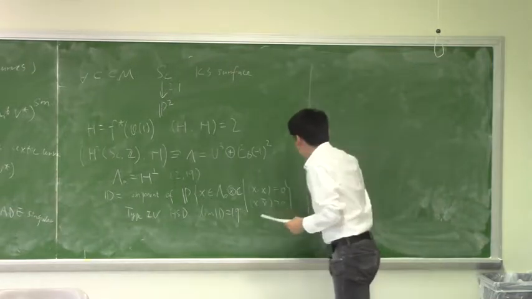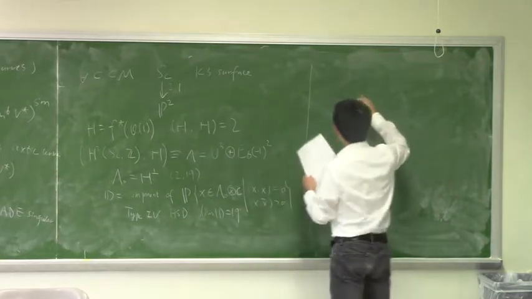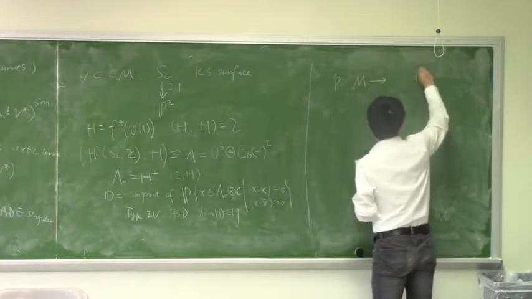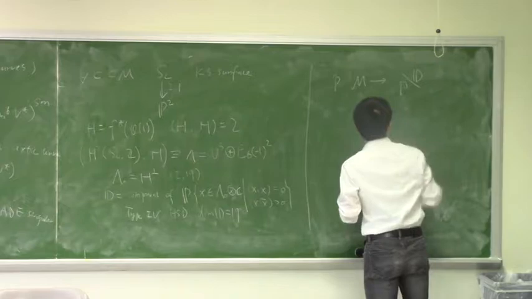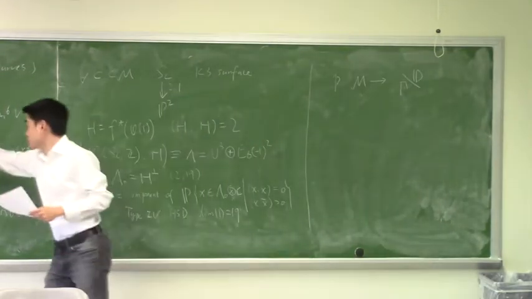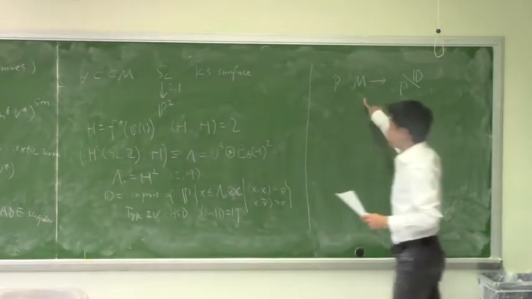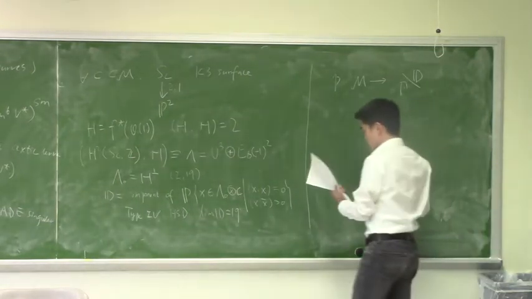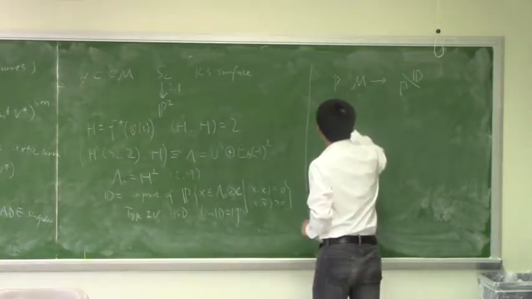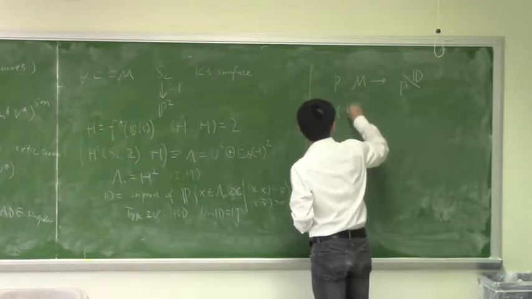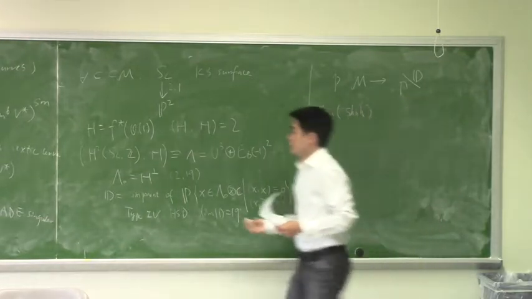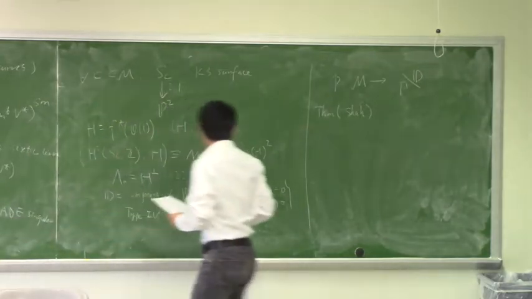If we use the period map, we will have a map from M to some arithmetic quotient of this type IV domain. If you count the dimension, this has dimension 19, and we get an open embedding. The theorem of Shah says that we can extend this map to sextic curves with ADE singularity.